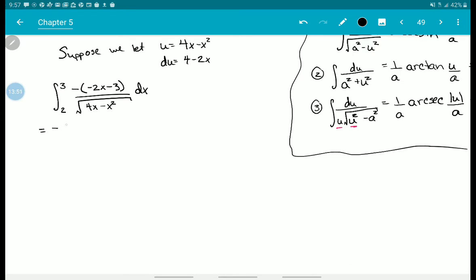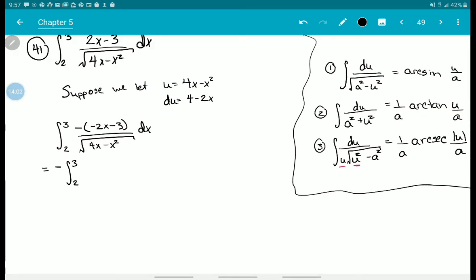And I'm going to pull that negative out. So we factor a negative out of the top here. We have a minus 2x plus 3. Thinking about redistributing, it gives us that numerator. So I factor that negative out, and now we're going to be left with, and I'm going to change the order, 3 minus 2x here over the square root of 4x minus x squared. So just pulling that negative out almost gives us that du.